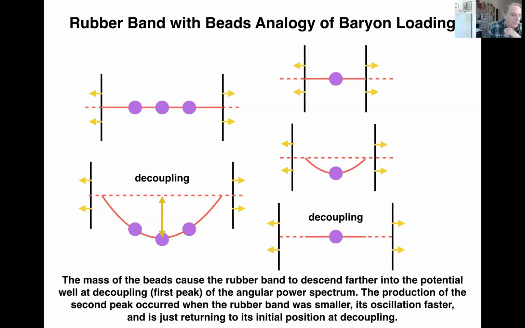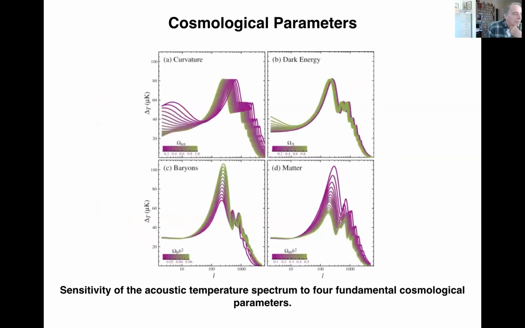Okay. The third peak turns out to be more of an indicator of the dark matter. In fact, this next slide here shows you, I really can't go much beyond these pictures here, because again, the scenario becomes a little complicated.